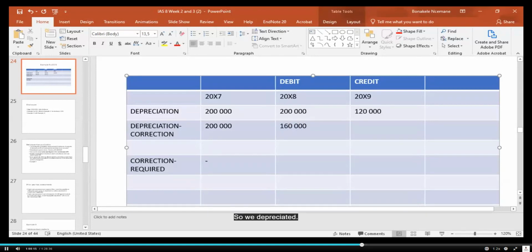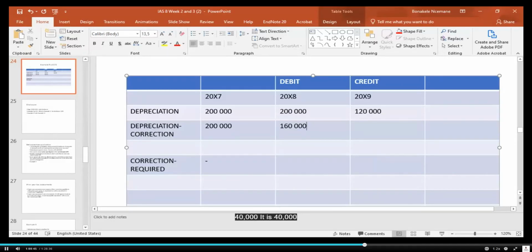And that is 160,000. So we reflected a depreciation that was more than we were supposed to have processed. Now, what is the difference? 40,000. The difference between the correct and the incorrect depreciation.